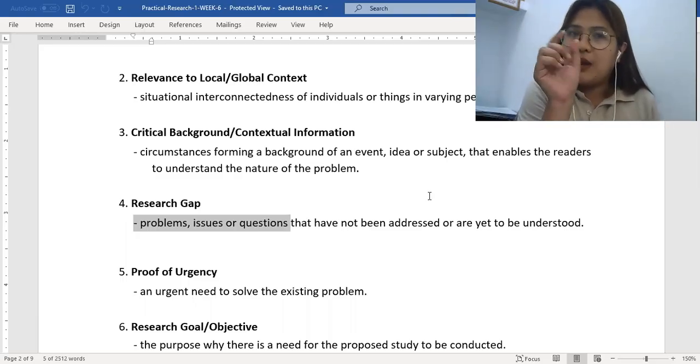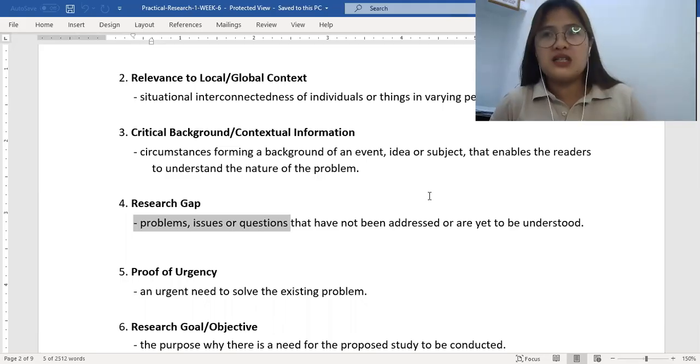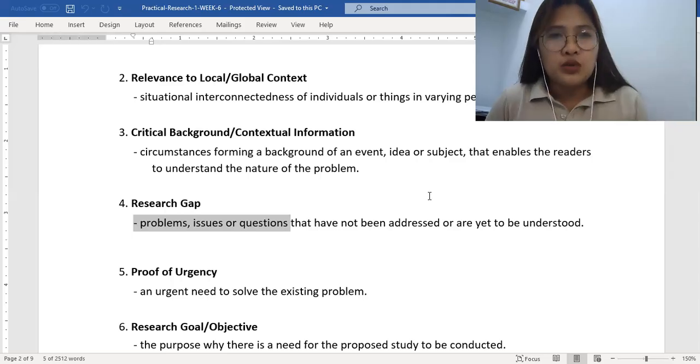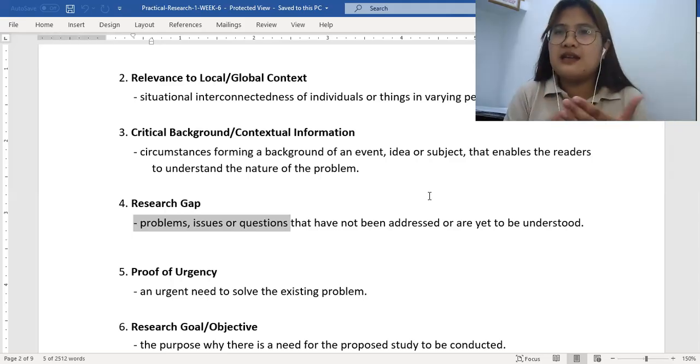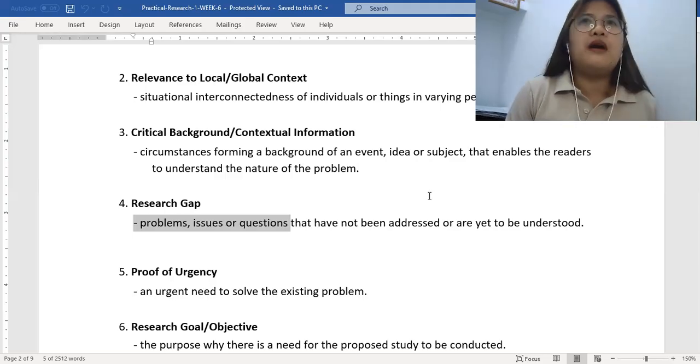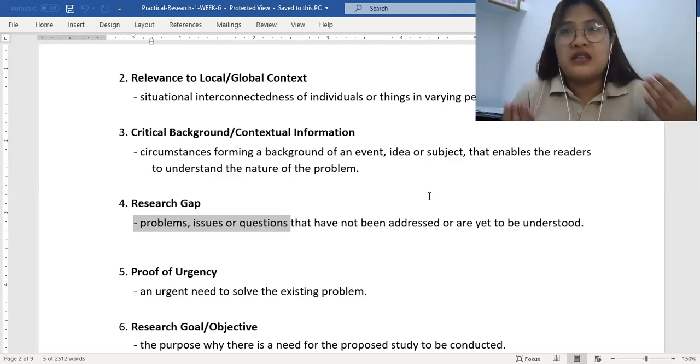May mga spaces pa, may mga gaps pa. So, kumbaga sa research mo, kung may pinag-aaralan ka, definitely, meron nang nakapag-aral niyan, not only here in Pampanga or the Philippines, but all over the world. So, what you're trying to do is to determine ano pa ba yung hindi nila napapag-aralan tungkol dun sa topic na yun. Okay? Saan ka ba pupwesto? Kumbaga, saan yung space mo?